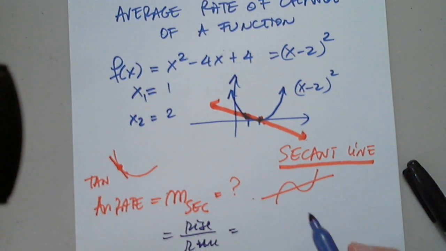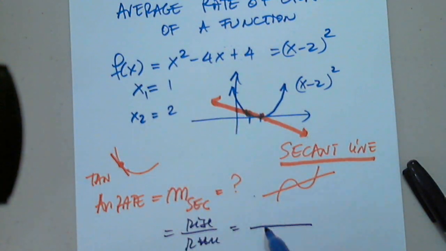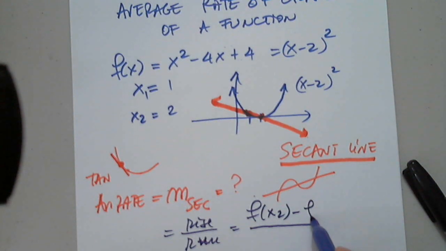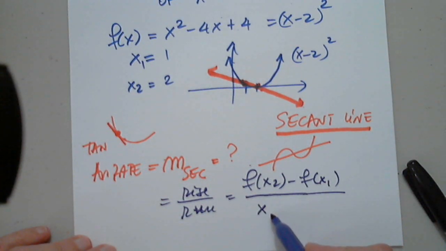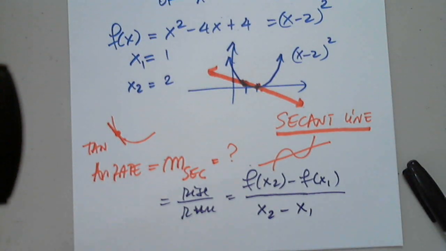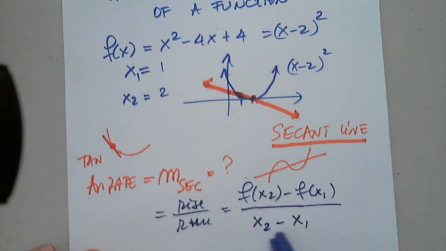Excellent. So the rise will be the change in y, f of x2 minus f of x1. And the run will be x2 minus x1. Awesome. Very good. So I do have 2 minus 1.